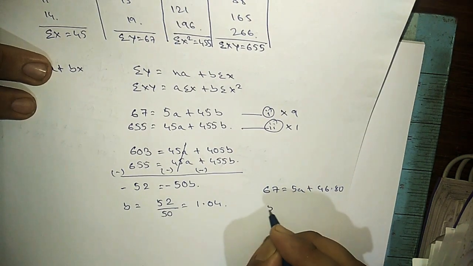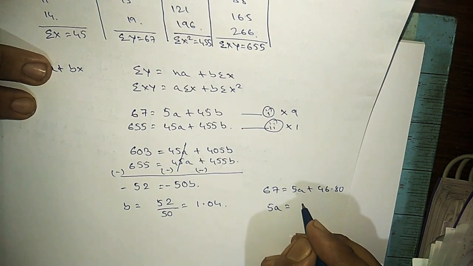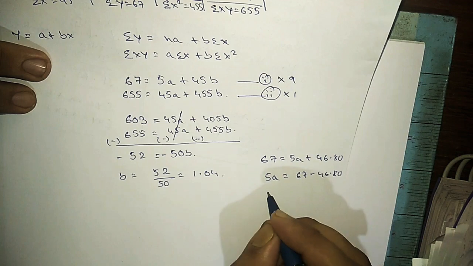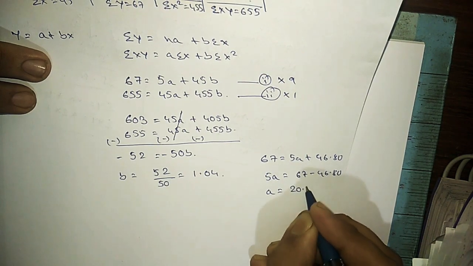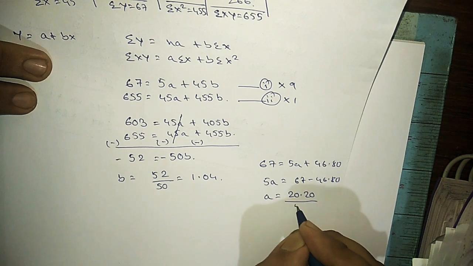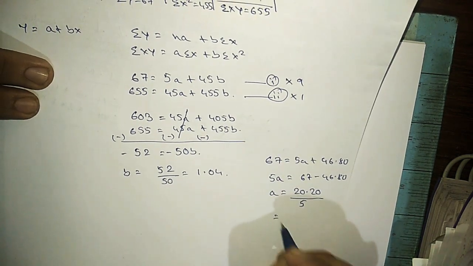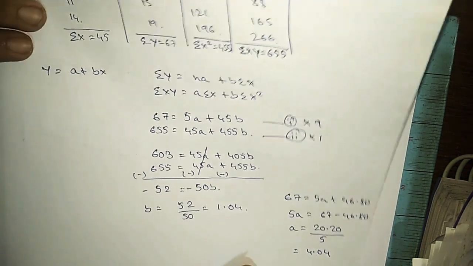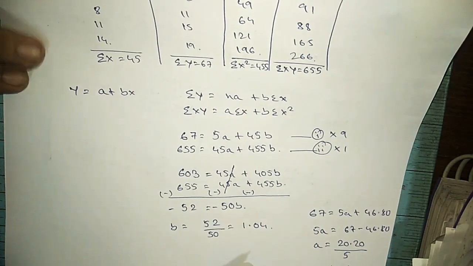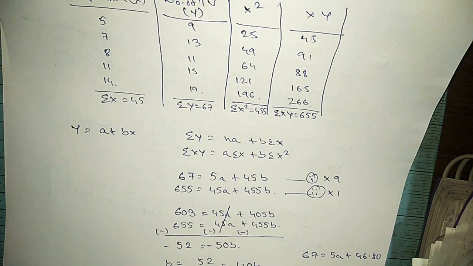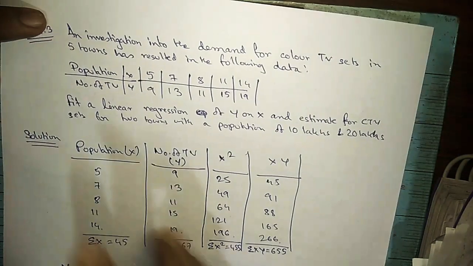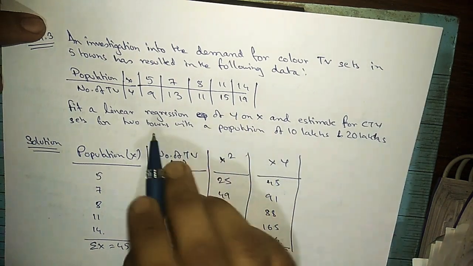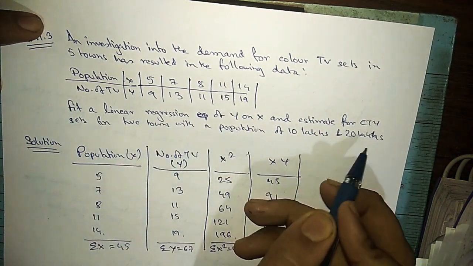Now 5a equals 67 minus 46.80. a equals 20.20 divided by 5, which equals 4.04. So we have got the values of a and b. Now you just have to put the values and find out what has been asked: fit a linear regression of y on x and estimate the CTV sets for two towns with a population of 10 lakhs and 20 lakhs.